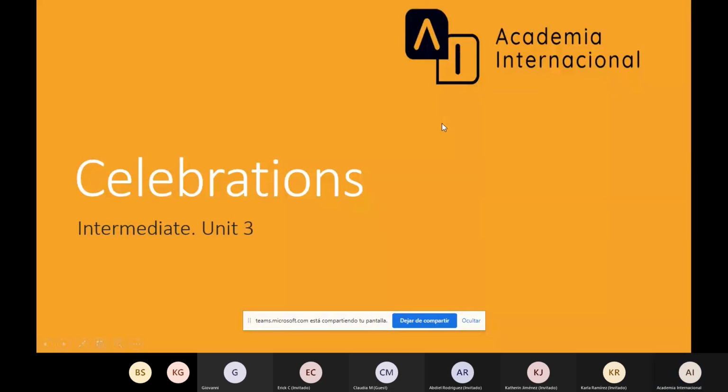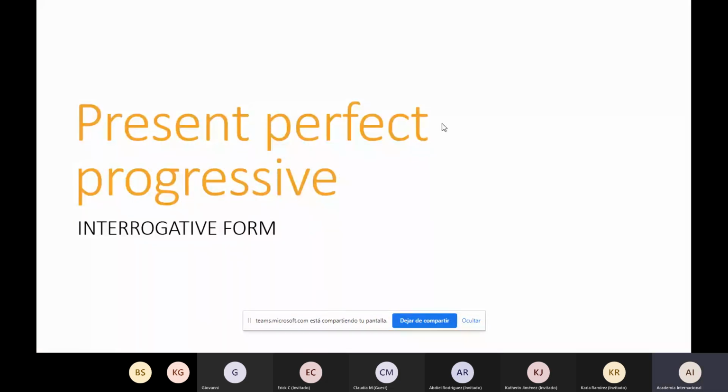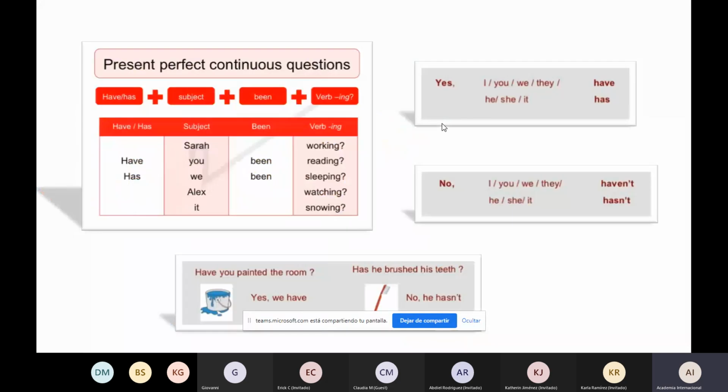Celebrations is the name of this unit, and let's continue with this structure or tense, the present perfect progressive, but in this case we are going to talk about the interrogative form. I have this chart with the structure, the present perfect continuous interrogative.